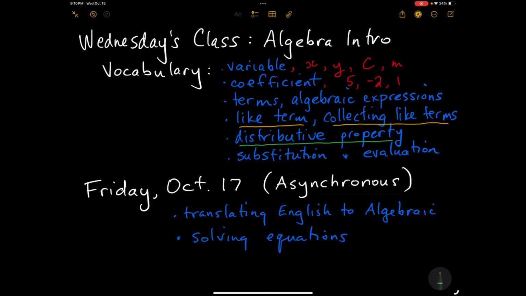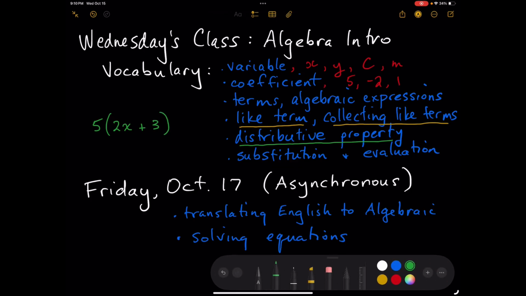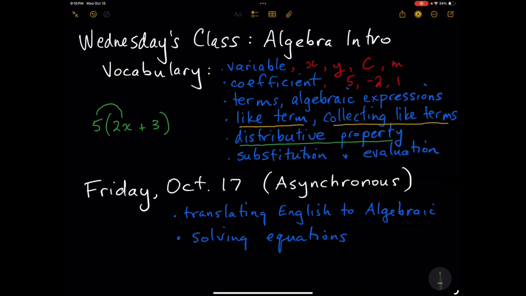A little review on that would be something like if I have 5 and then inside a bracket I have 2x plus 3, then the distributive property is that the 5 gets multiplied by each element of the bracket. We know that because this 5 is written beside the bracket.